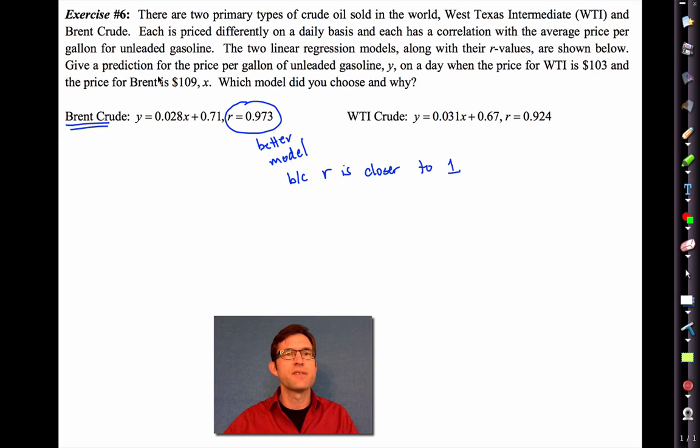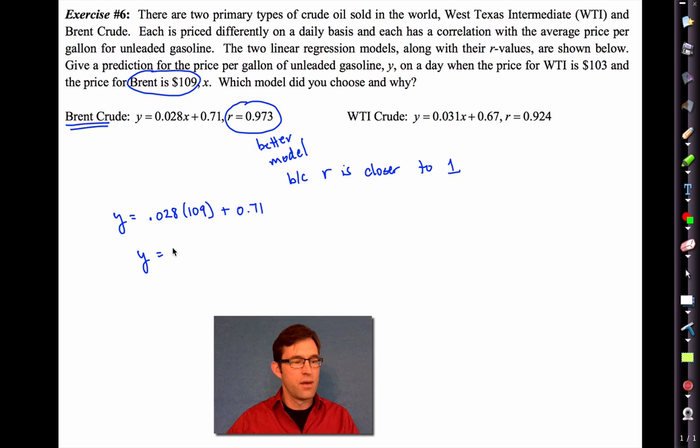So what they tell me, they said Brent is $109, okay? The price of gas, well, that's my Y. So I'm going to put 0.028 times 109 plus 0.71, I find that that ends up being 3.76 once I round it to a reasonable level. $3.76 a gallon.